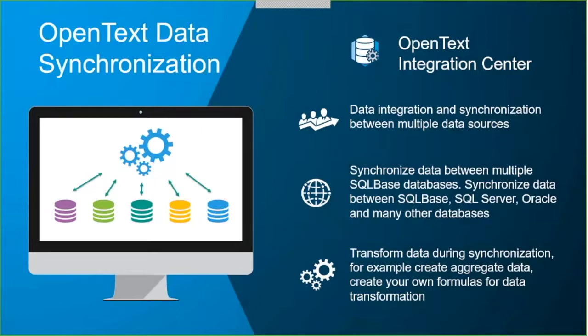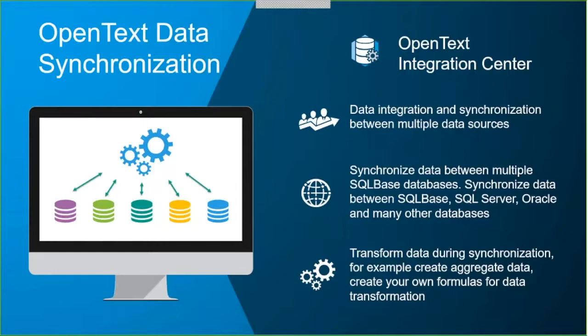And OpenText Integration Center also supports unstructured data formats. So if you have document management systems, you can attach to those and pull out PDFs and move those around as well. But this one is really nice because you can also transform data during synchronization. So there's a little kind of macro language in Integration Center that you can use to create aggregate data during synchronization, for example.